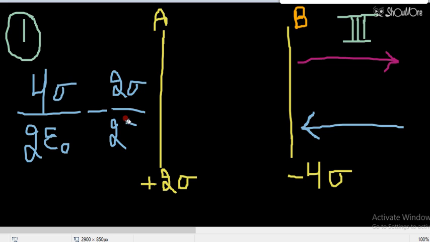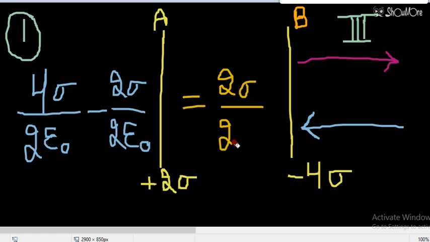So after the calculation, we get the resultant electric field for this case equal to 2 sigma by 2 epsilon naught. So this is the resultant electric field, and the direction of electric field will be along the left direction.